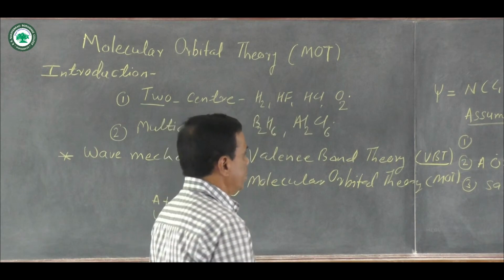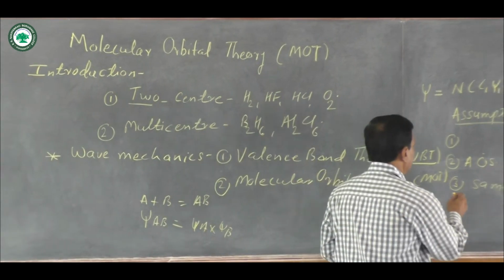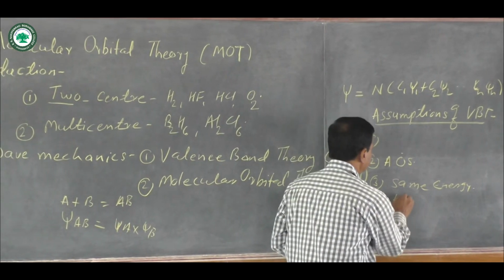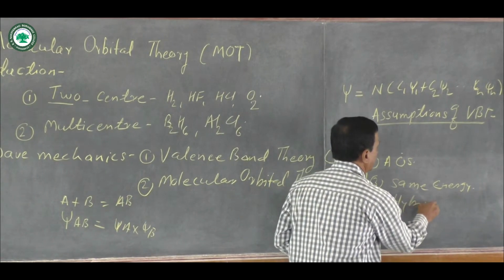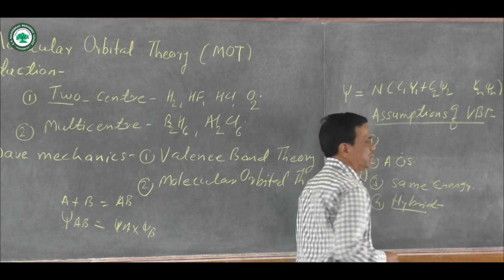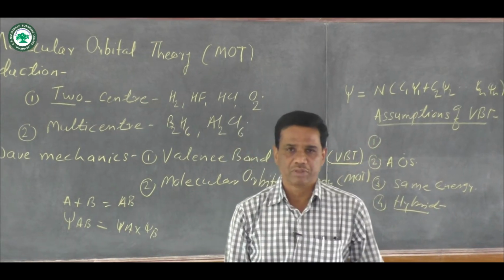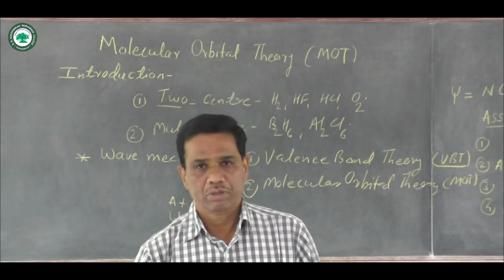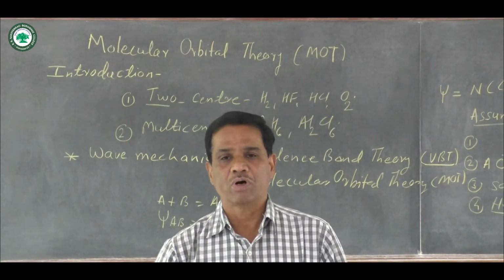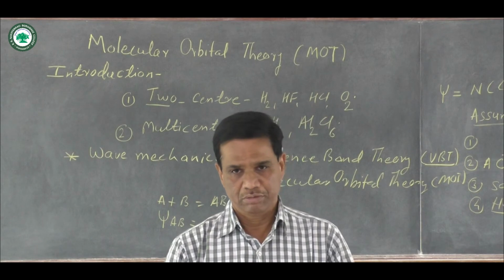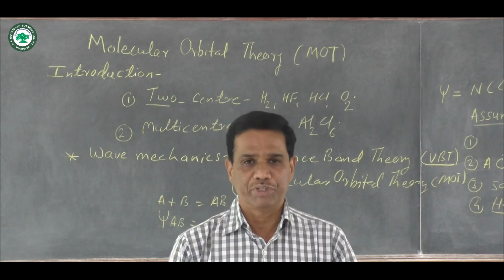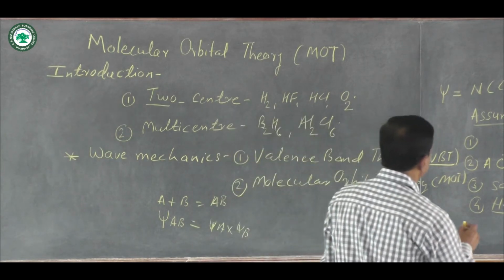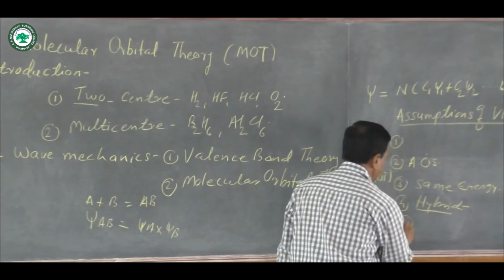Means in valence bond theory, first there is a formation of hybrid orbitals, and when hybrid orbitals are formed, they contain unpaired electrons, and these hybrid orbitals overlap with unpaired electrons of atomic orbitals, and there is a formation of a covalent bond.